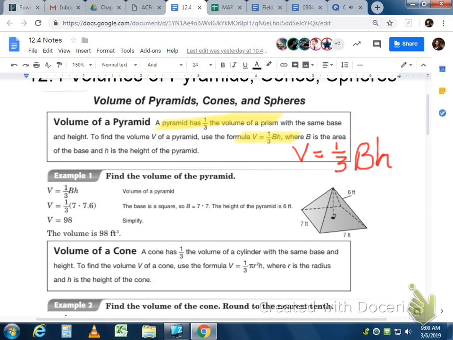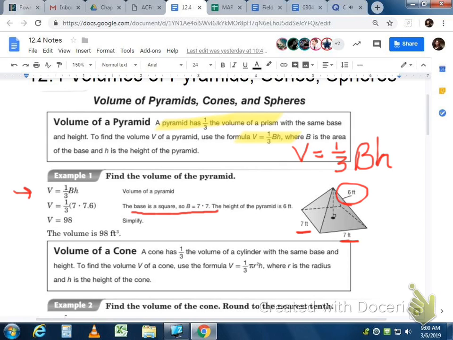This example is showing a square pyramid. Each side length is 7 feet, and the height of the pyramid is 6 feet. You would write the formula down: V equals 1/3 big B times H. Since the base is a square, big B is 7 times 7, which is side squared.